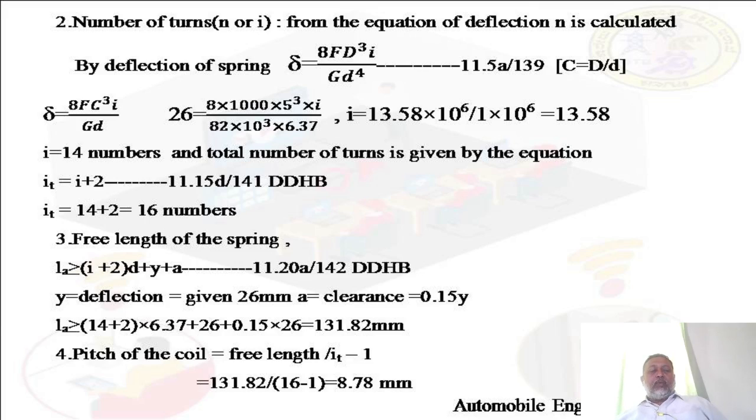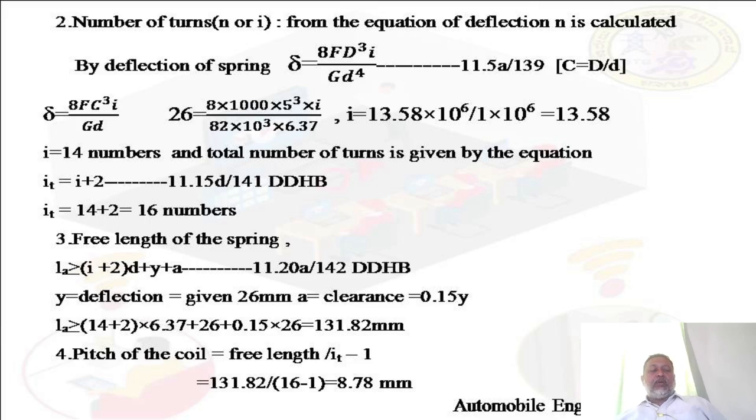So finally we will calculate the free length of the spring, that is given by LA is greater than or equal to I plus 2 D plus Y plus A. So that is 14 plus 2, that is 16, into 6.37, that is wire dia, plus 26 the deflection, plus 15% of the deflection, which gives you 131.82 mm.